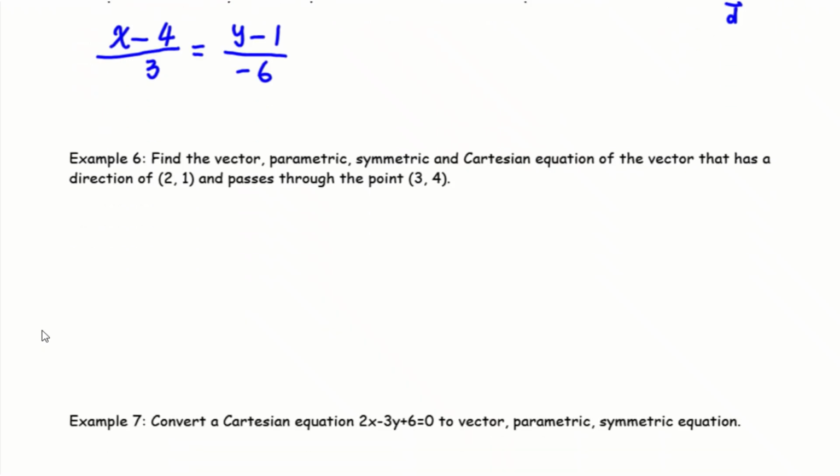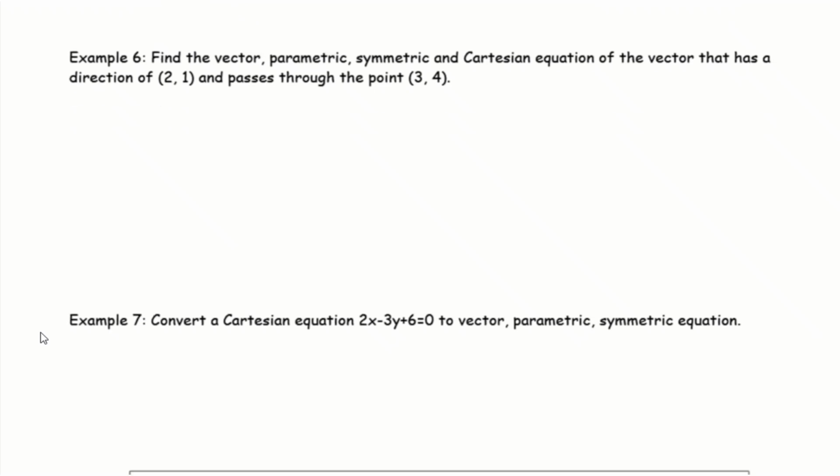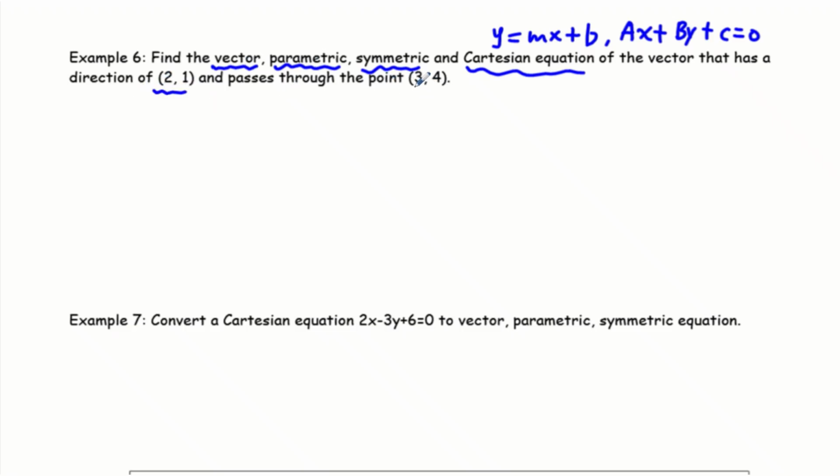Then example 6. This one asks you to find the vector equation, the parametric equations, all three forms of the equation of a line. And also the Cartesian equation, which is what we have done before, the y equals mx plus b form, or the ax plus by plus c equals 0 form. We call this the Cartesian equation of the line that has this direction and passes through a point.